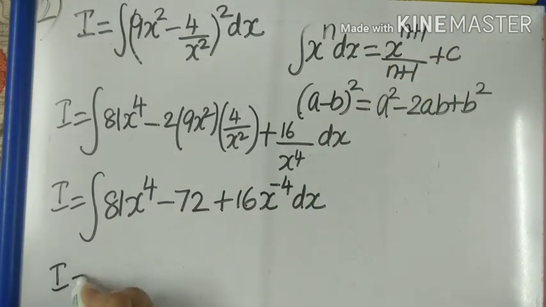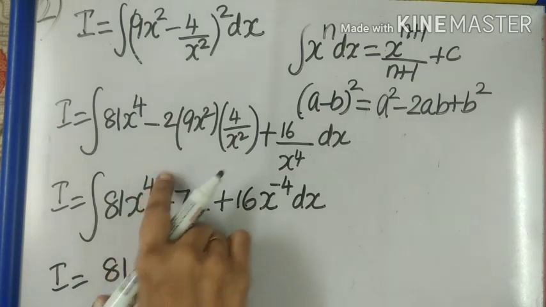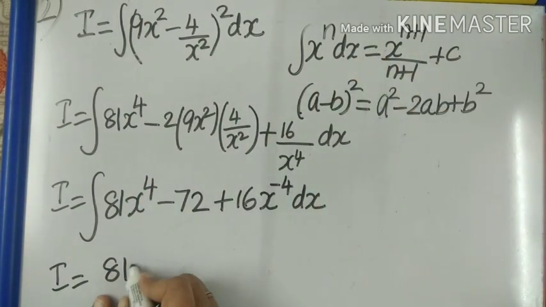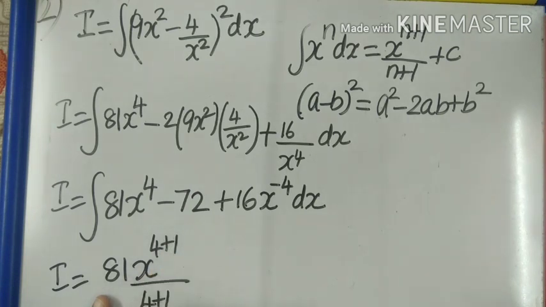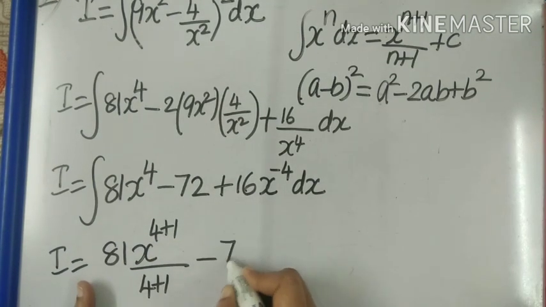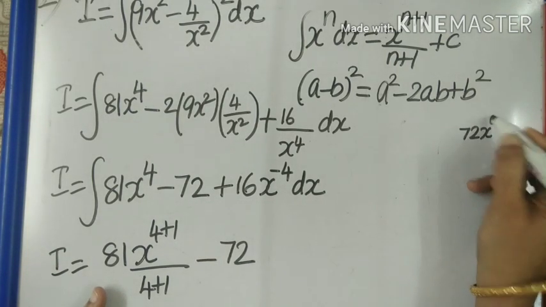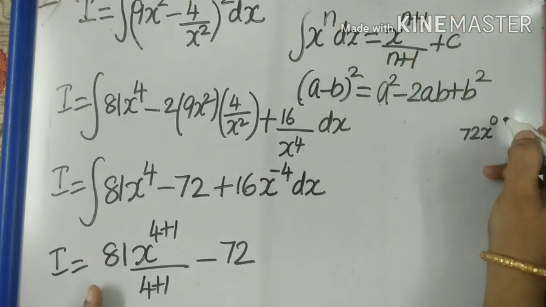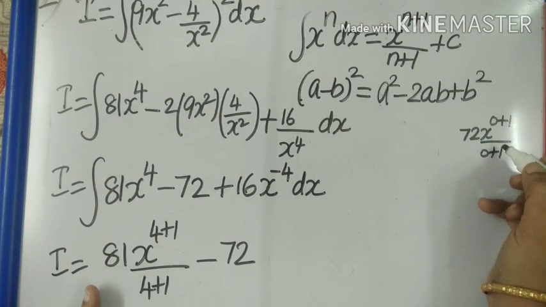So I becomes 81, the coefficient you keep as it is, x power 4. Using the formula, x power 4 plus 1 by 4 plus 1. For the constant, I will treat it as x power 0. So apply the formula, 0 plus 1 by 0 plus 1, that is x.